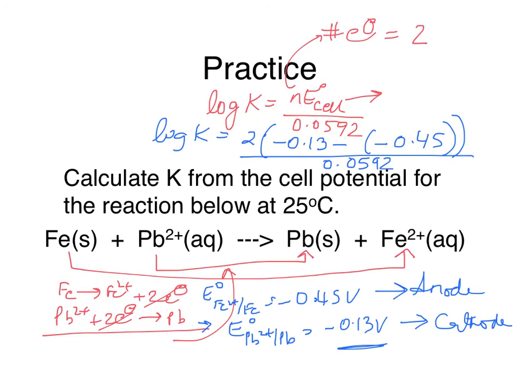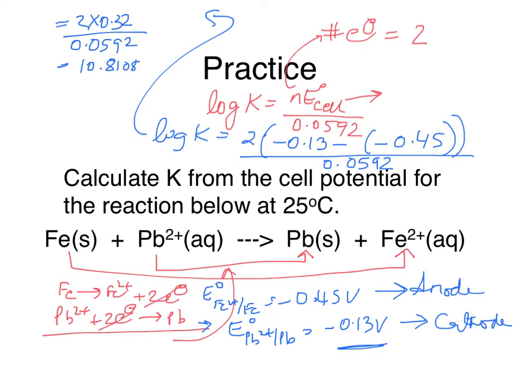I'm going to try to calculate these values. So the right hand side begins to look like 2 times 0.32 divided by 0.0592, and that value comes out to be 10.8108, and that's my log of K.